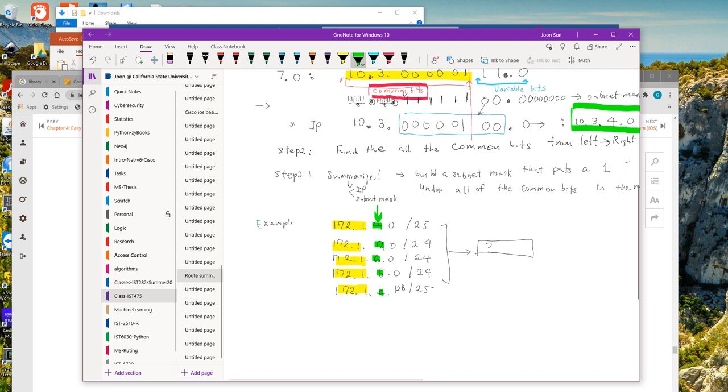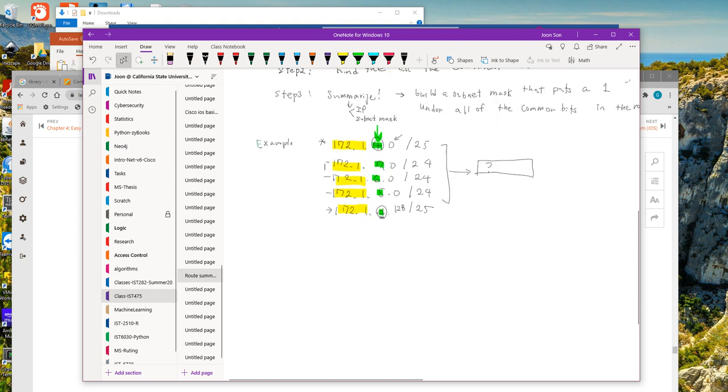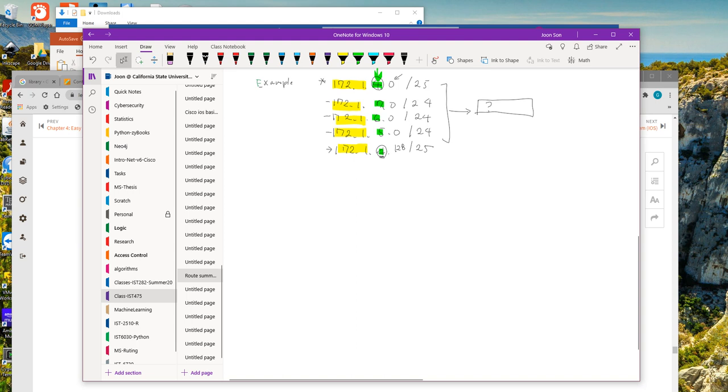And then another thing: which one is the smallest? You see that 4.0 is probably the smallest, because it's 4. The second smallest is this one, because of 4.128, and third is 5, 6, and 7. So let me list these IP addresses from smallest to largest.